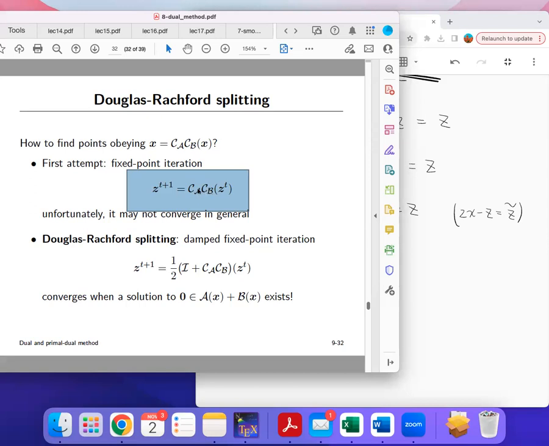It's a very complicated operator, it's compositions. But here, again, we see this idea. We add an identity operator. By adding an identity operator, we can stabilize the spectrum. We can control the spectrum of this operator and stabilize this algorithm.